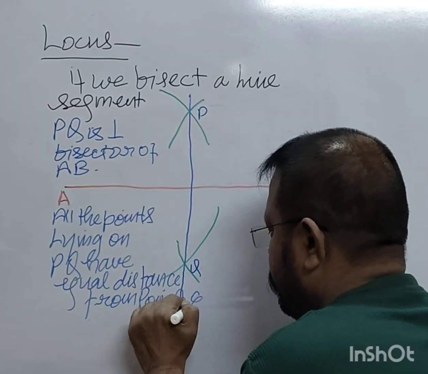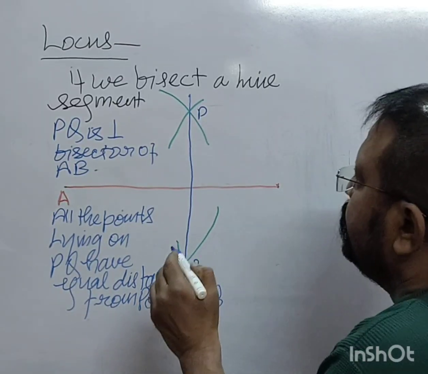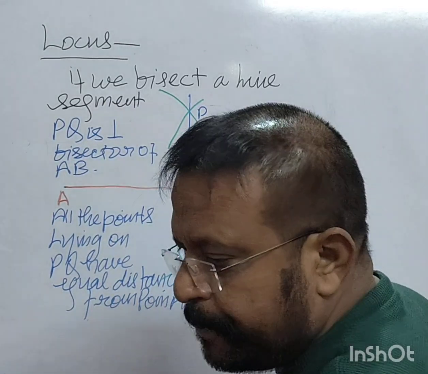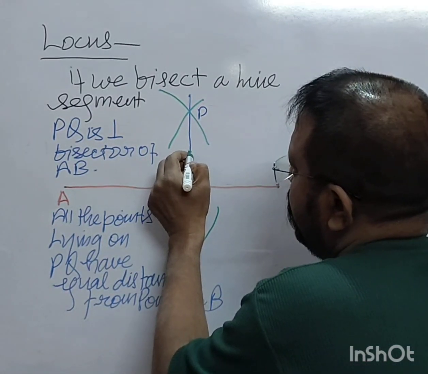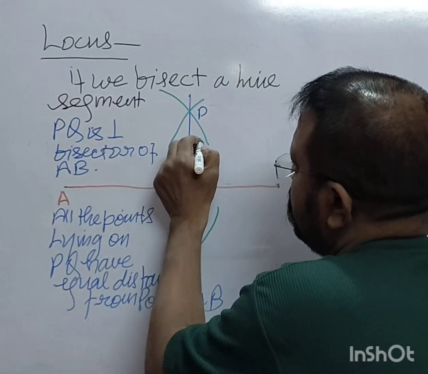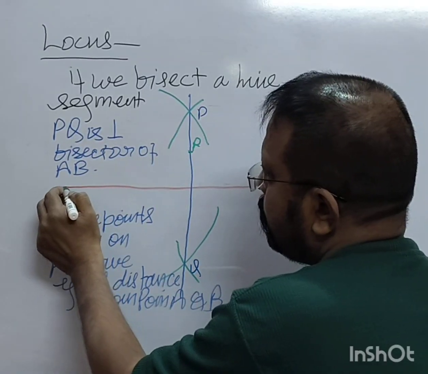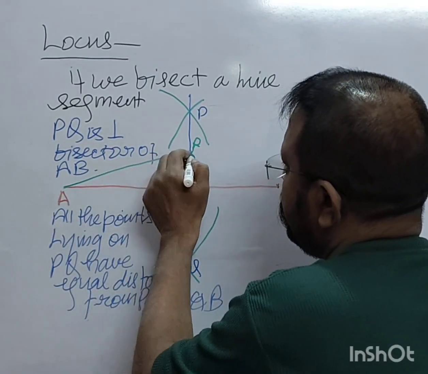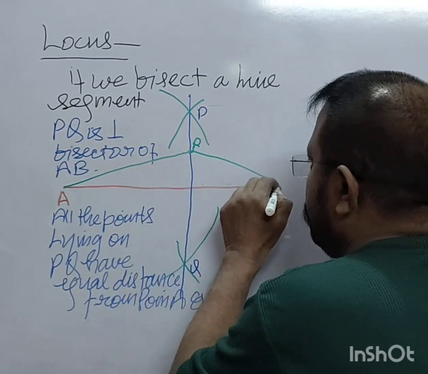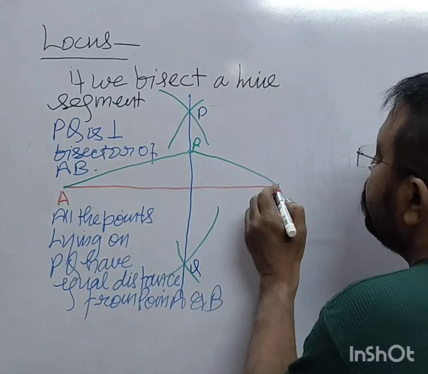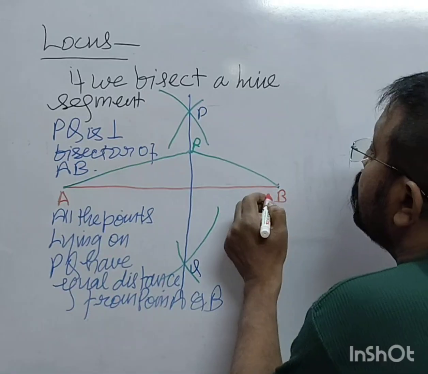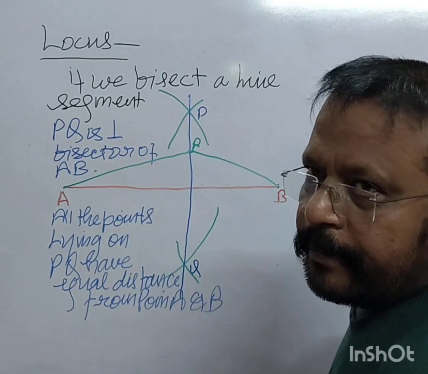A and B. Say there is a point, this is point R, so AR is equal to BR, right? If I say this is B, so AR is equal to BR.